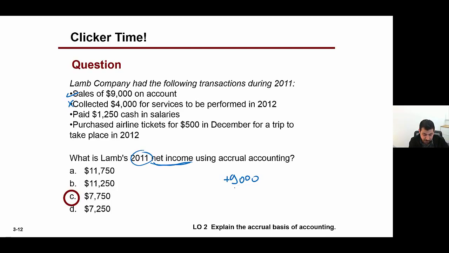So this was paid now. This is minus 1,250. Purchased airline tickets for $500 in December for a trip to take place in 2012. Once again, the event will take place in 2012, and we do not include it in our calculations. This is why the answer is 7,750.